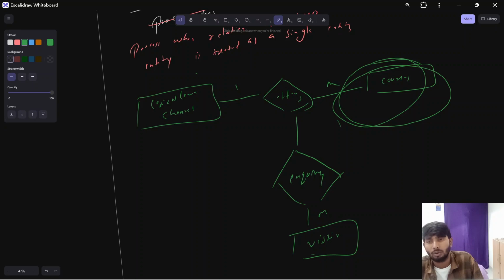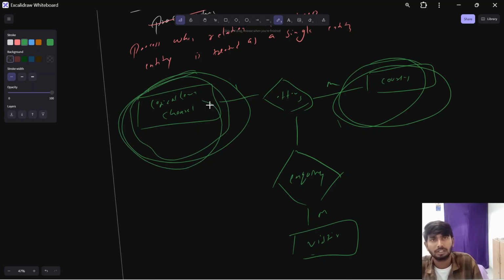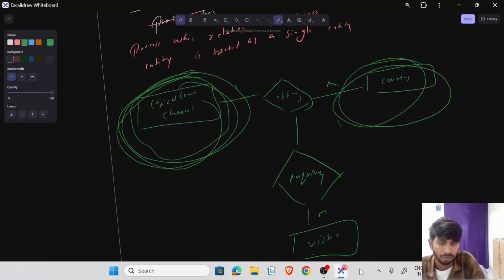All of this aggregated is one. This aggregates two tables, courses and many visitors who come there.